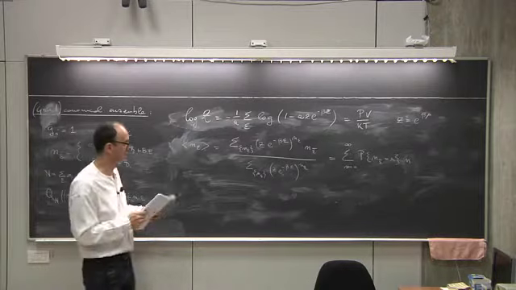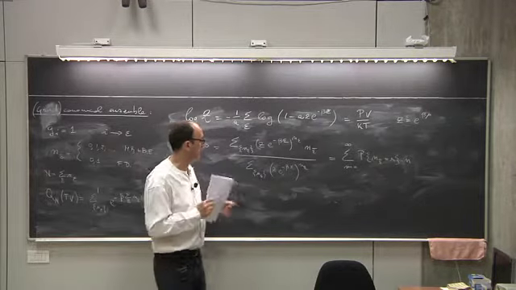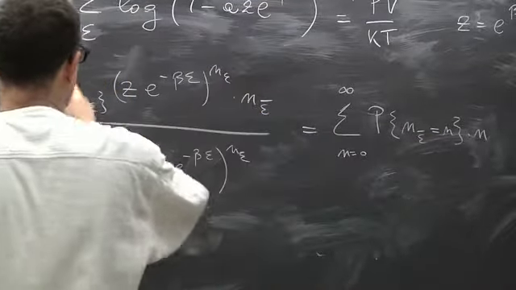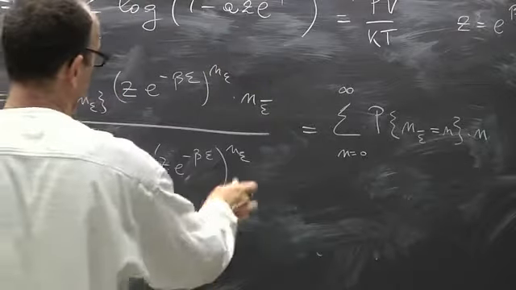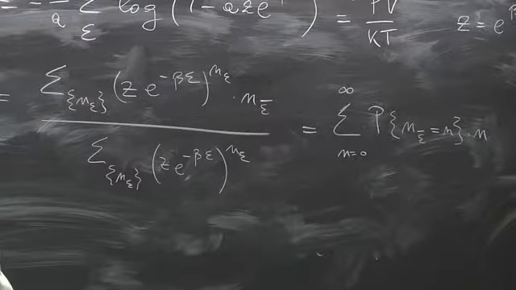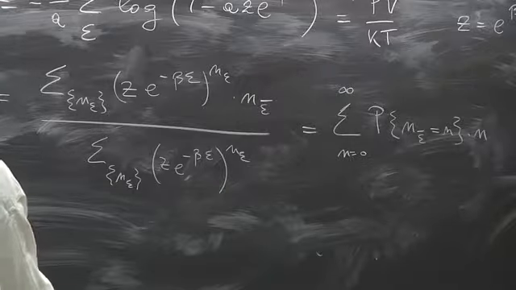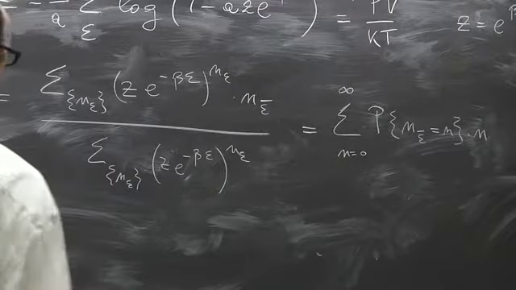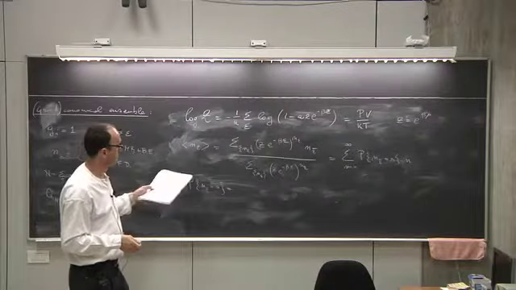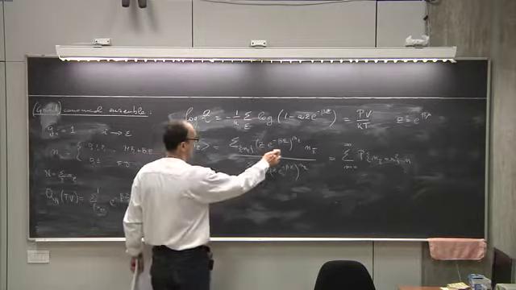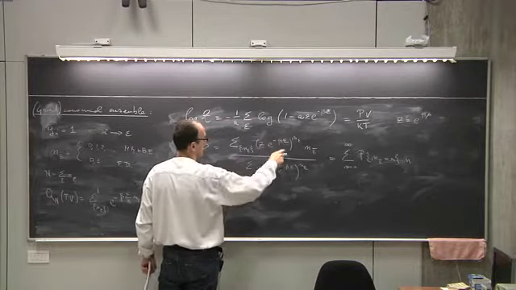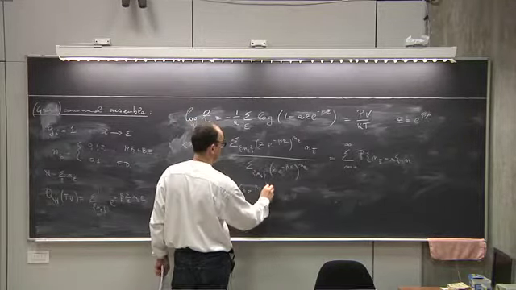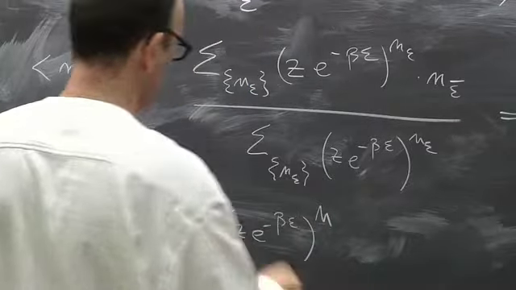So this is just the expected value of this thing. This probability here is exactly equal to this object here. So the probability that n epsilon is equal to n will be exactly proportional to this factor here, z e to the minus beta epsilon to the n, times a normalization factor.